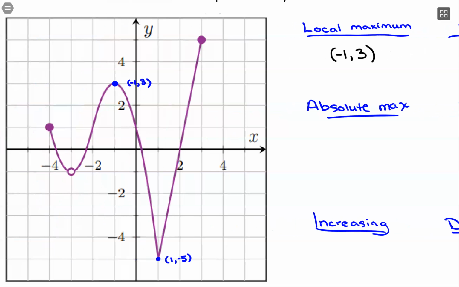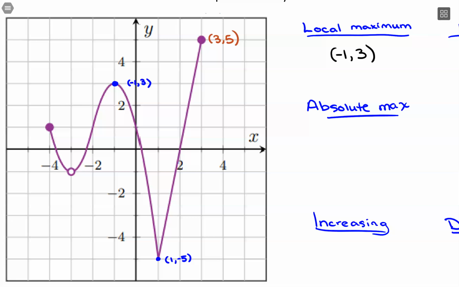Now, absolute maximum, that's where this point can count, that's at the end here. Basically what I want to do is see where the largest y coordinate is occurring. With all these points, it hits this largest value right there. So at (3, 5), we're going to have an absolute maximum.